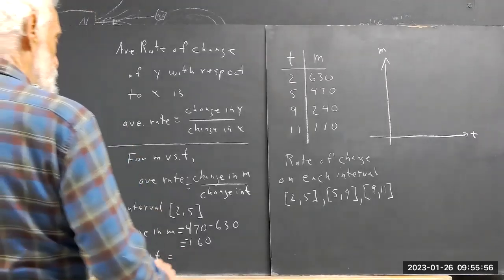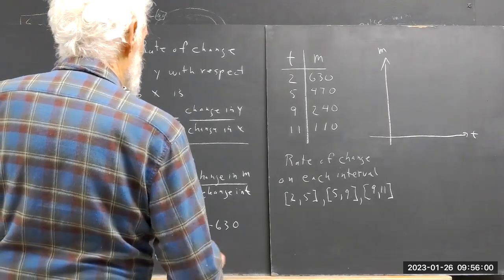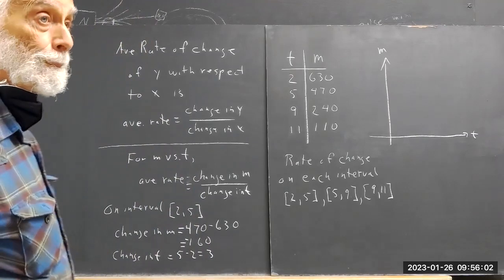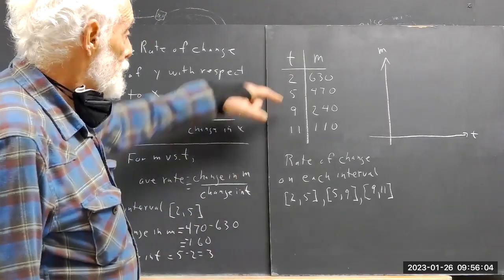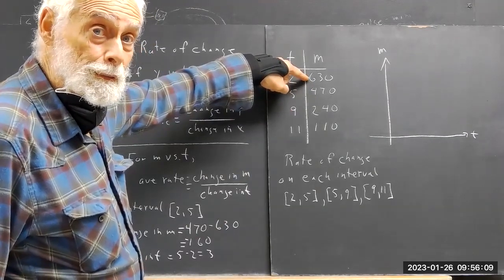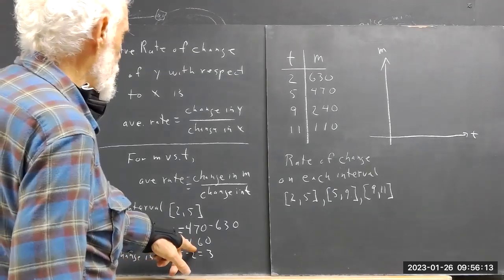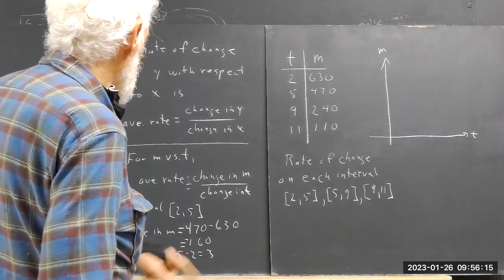Change in T is 5 minus 2 equals 3. In other words, this minus this, this minus this, that's your change. So that's negative 160 miles in 3 hours.